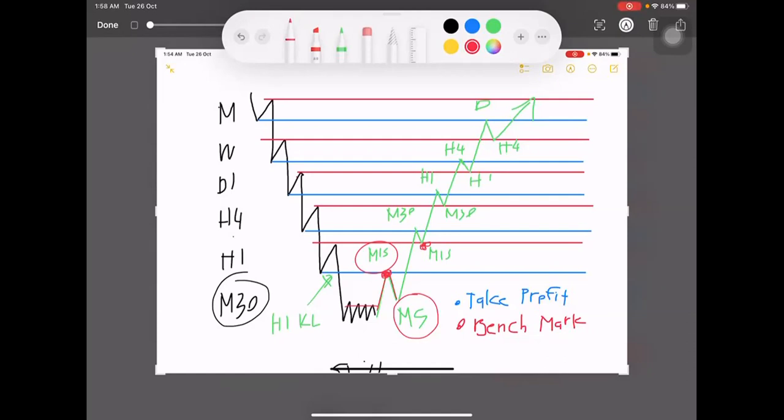Yes. Go on. And because it's a daily key level, the setup is H1. So we go long on H1 from the daily key level, targeting the monthly.